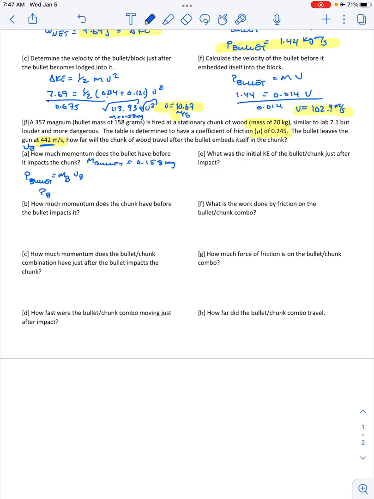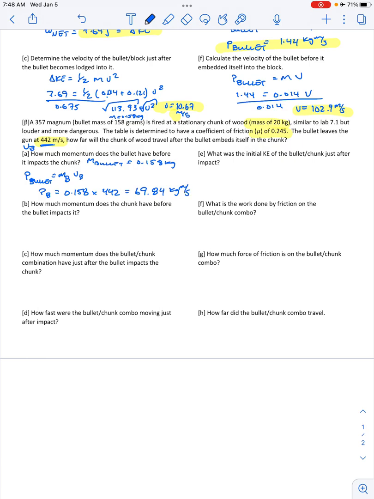So that is 0.158 times 442. So this has 69.84 kilogram meter per second of momentum.